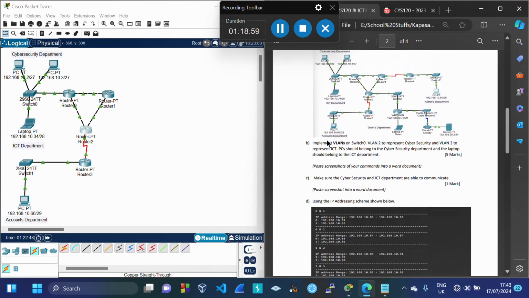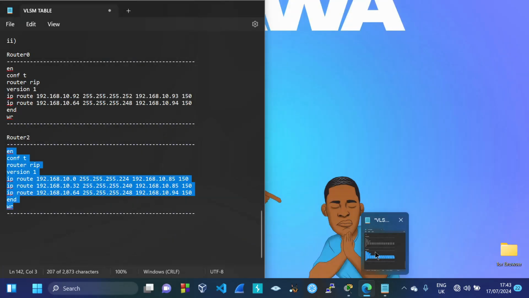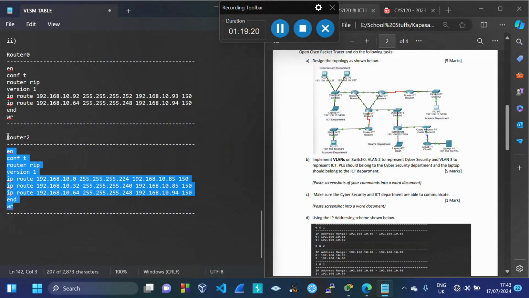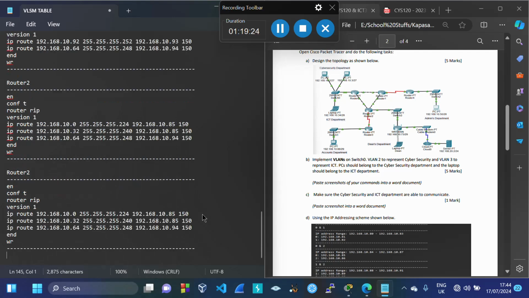Router 3 is directly connected to the accounts department, but the opposite networks can start at router 0, then cyber security and the ICT department, 3 of them. So let's do that. I'll copy this. So we are saying router 3.